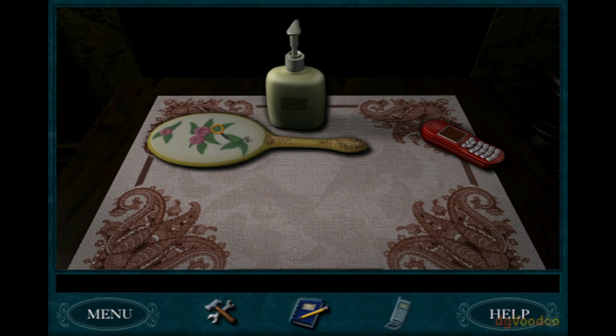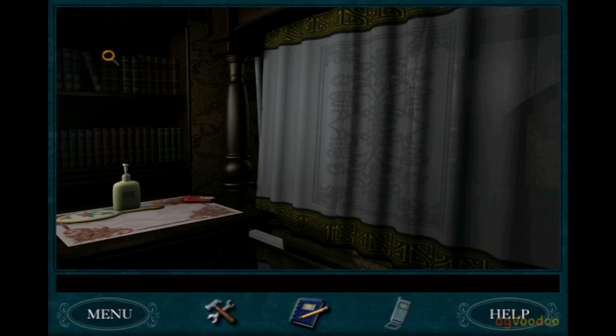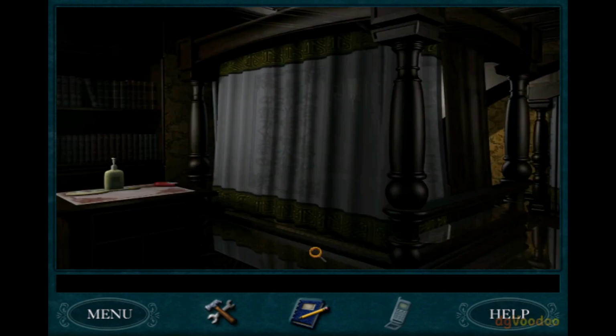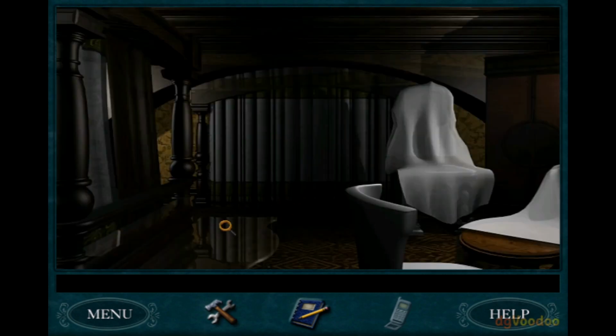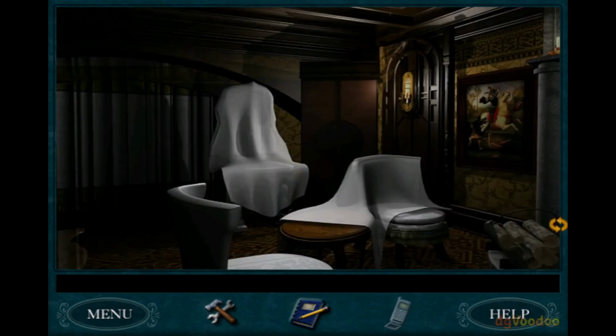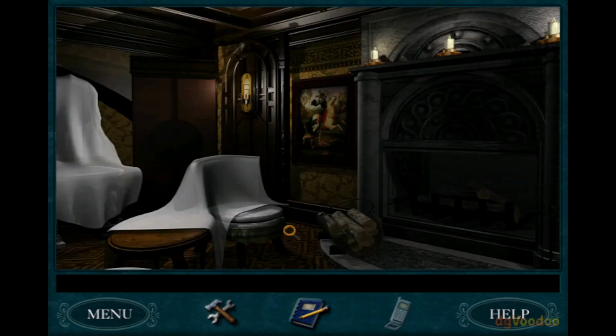Should we go snooping without asking? Apparently her husband is in Italy and I guess is going to be staying there for a while longer.